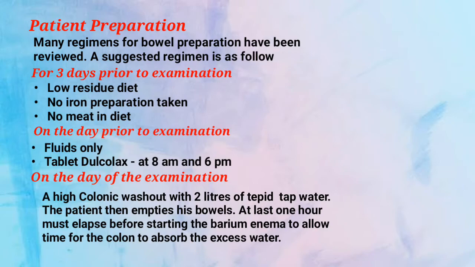On the day of the examination: a high colonic washout with 2 liters of tap water. The patient then empties his bowel. At least 1 hour must elapse before starting the barium enema to allow time for the colon to absorb the excess water.